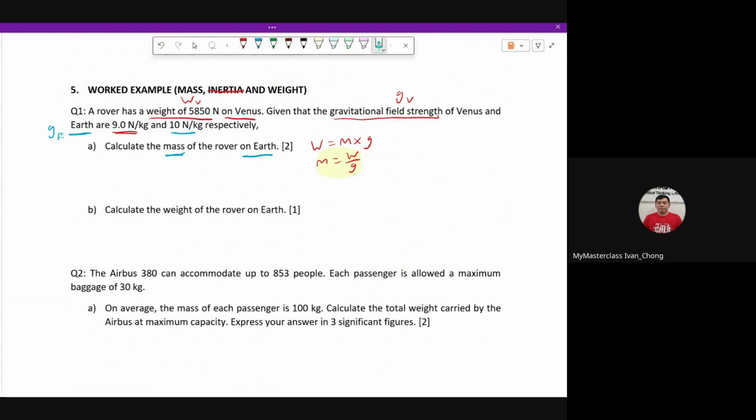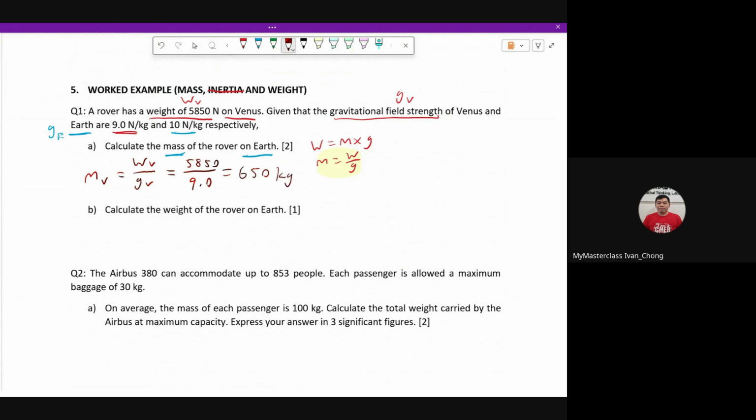It means I can actually use this formula that is given to us to find the mass on Venus. So weight on Venus over g on Venus. So let's find this number first. 550 over your 9.0. So take out your calculator and press this value in. You should end up with 650, and because this is mass, it will be kg.